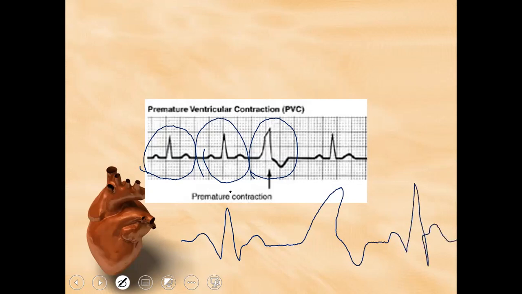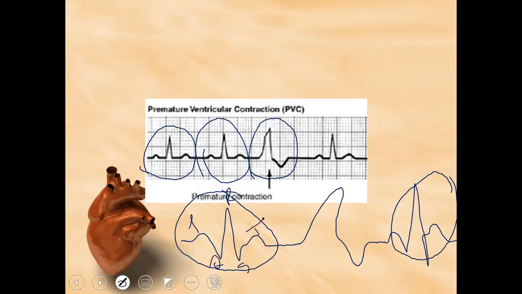All right, so we've got one normal heartbeat and one normal heartbeat. Let's look at this little cheeky monkey in the middle. What I like to do is mentally label every heartbeat. We know P, Q, R, S, T. Yes?